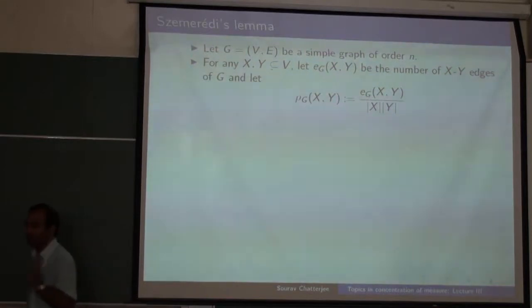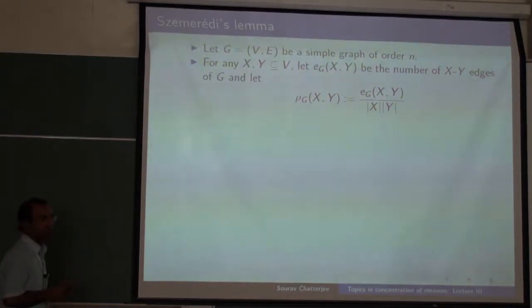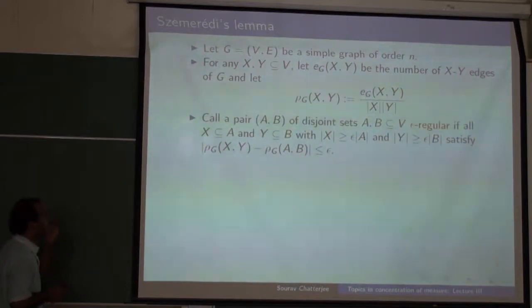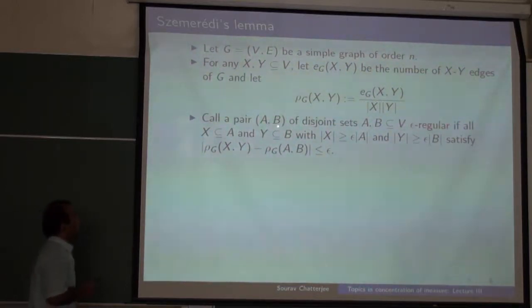Okay, so you can think of them as disjoint subsets. X and Y are disjoint subsets of vertices, and you take the number of edges between them divided by the maximum possible number, the size of X times the size of Y. So this is called the edge density between X and Y. Now you take two sets A and B of vertices.